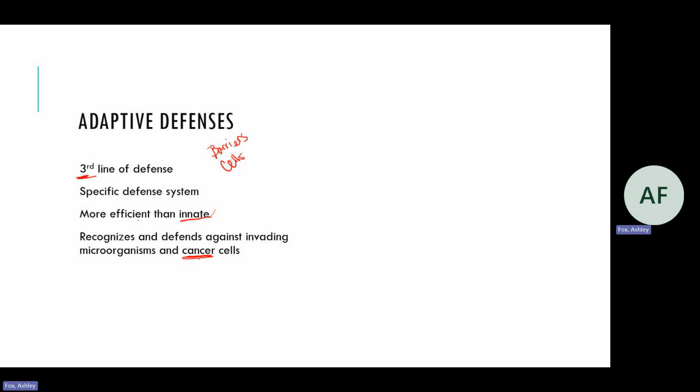So yes, we do get cancer. Yes, it does get missed, but we would have more incidences of cancer without your adaptive immune system. So it's important in fighting not just pathogens from the outside world, but also threats from the inside, like cancer cells with mutations and dividing cells that are uncontrollable.